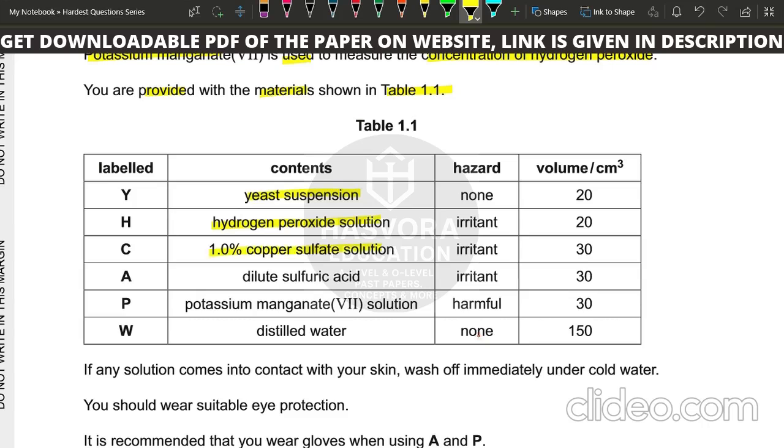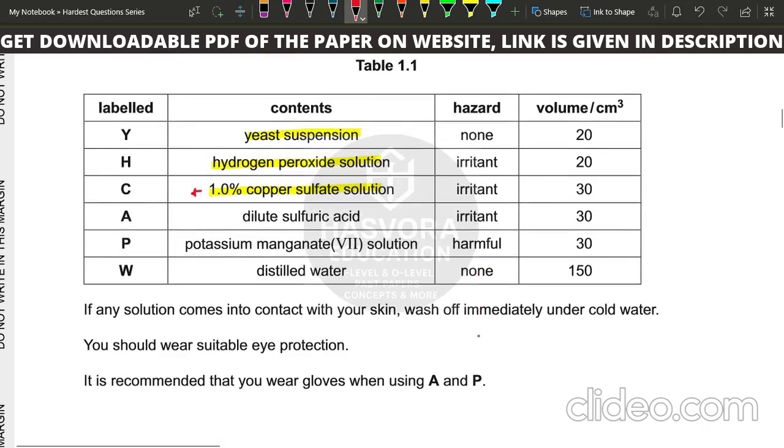Now, to try the effect of different concentrations of copper sulfate on the catalase enzyme, the examiner will possibly tell us to do either a simple dilution or a serial dilution with the copper sulfate.